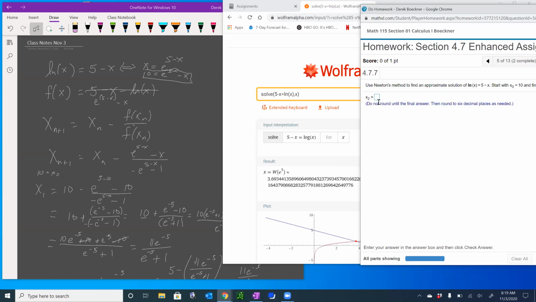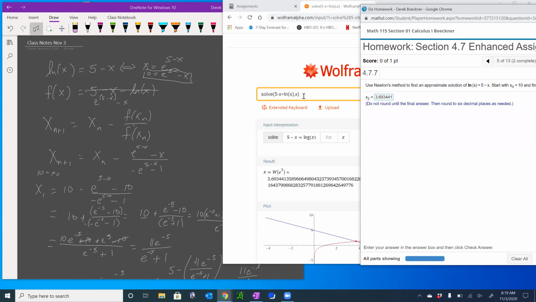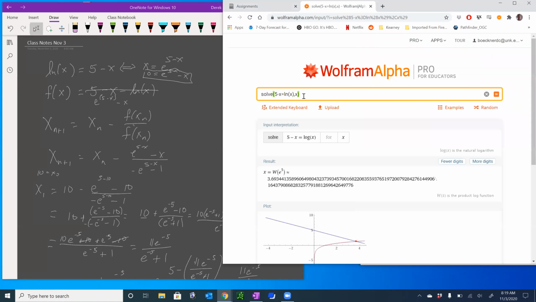Probably not. Otherwise, it wouldn't tell you to use Newton's method. So, okay. So that's the actual solution accurate to 6, but Newton's method only approximates it.